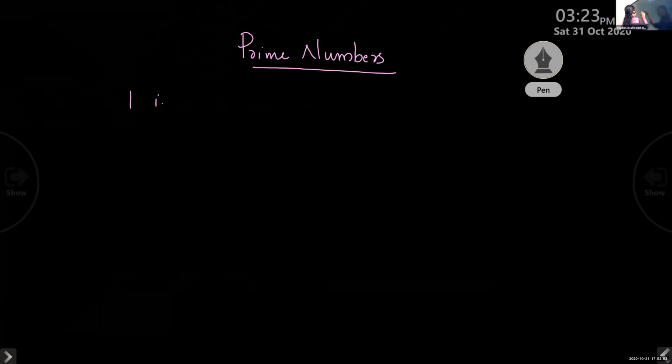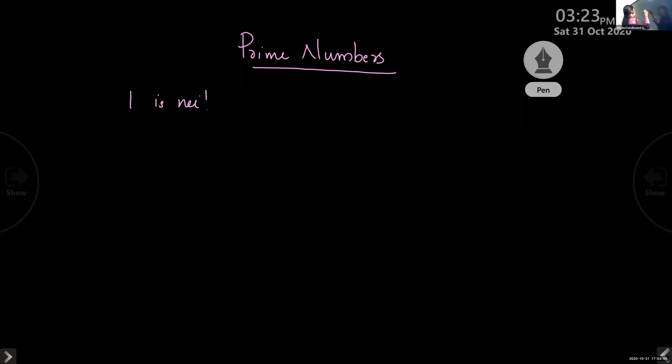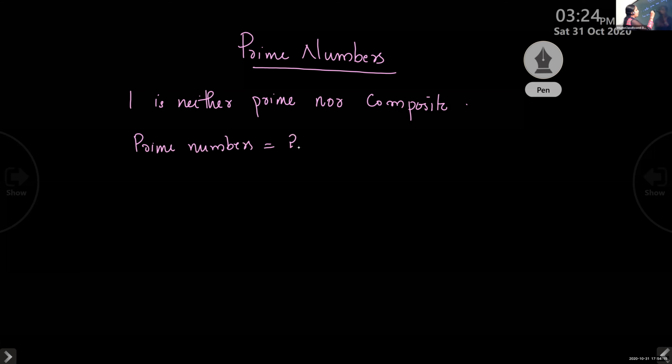So we won't take 1. 1 is neither prime nor composite. You have studied this. 1 is not a prime, not a composite number. Okay, children. The smallest prime number starts from 2. 1 we won't take. 2, 3.